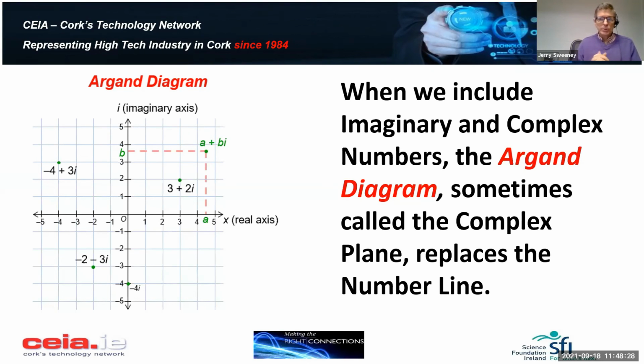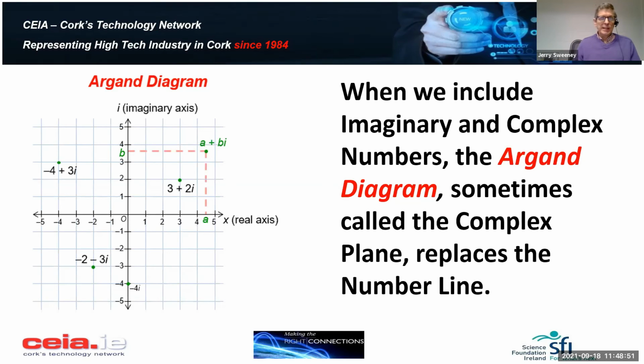It's a single number with 2 parts. So an Argand diagram is not like a Cartesian plane. You don't represent it as brackets a comma b, you go a plus bi. And the a plus bi that's drawn here is a single number. An example would be 3 plus 2i.